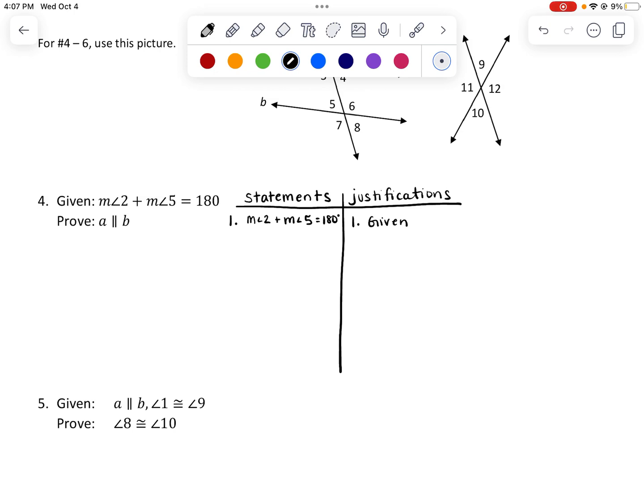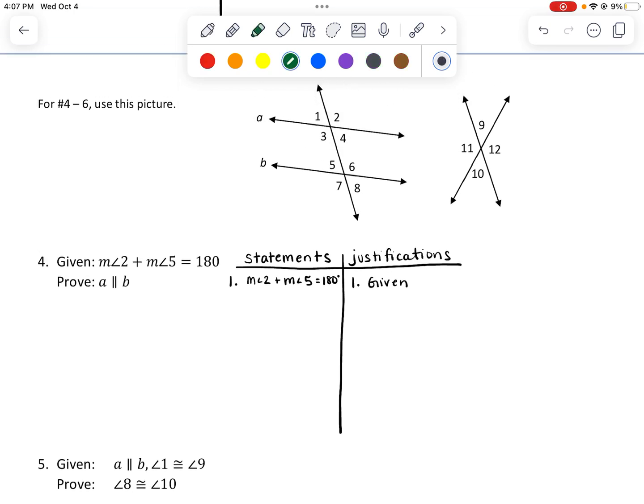And I want to prove that I have parallel lines, so that's important. I'm just going to go ahead and look at this. 2 and 5, those are not related by any of our theorems. So I need to figure out a way to get them related.